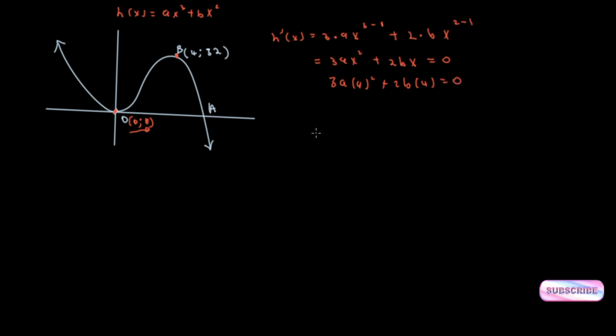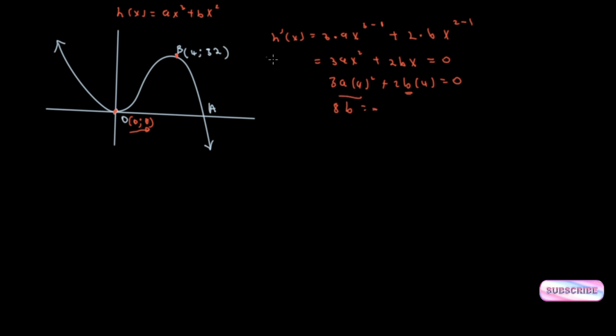Now what can we do? We make a variable the subject of the formula. For me, I like b to be the subject of the formula. So 2 multiplied by 4 is 8, so 8b equals negative.